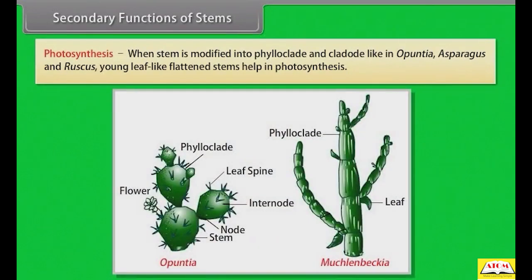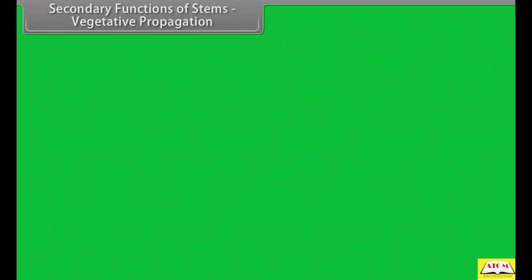Photosynthesis. When the stem is modified into phylloclade and cladode, like in Opuntia, Asparagus, and Ruscus, young leaf-like flattened stems help in photosynthesis. Secondary functions of stems. Vegetative propagation.